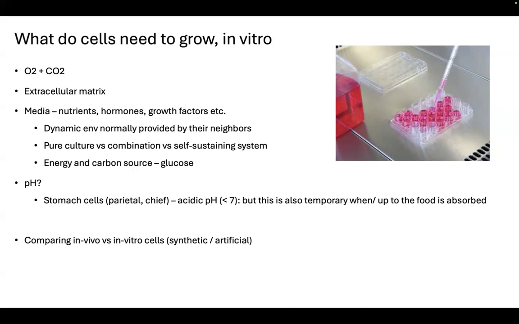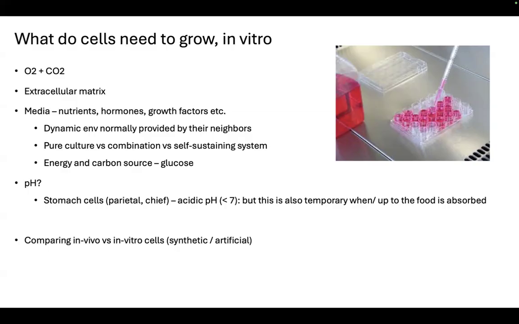And the cell types can be stationary or moving. For example, if one of the neighbors is blood, it's more dynamic, right? Or indirectly, it's blood that is controlling the dynamic nature of any system in an actual organism.